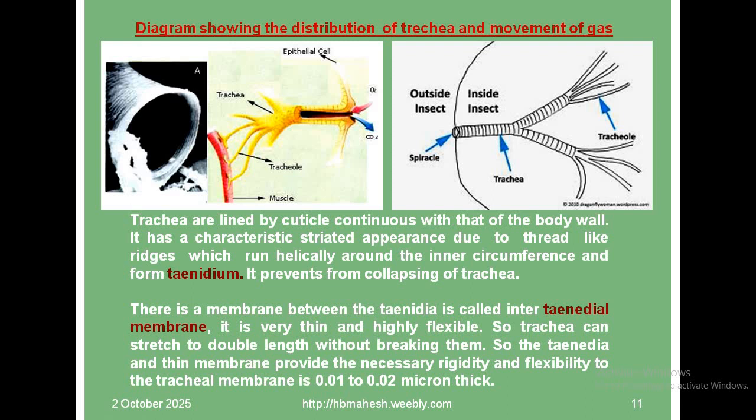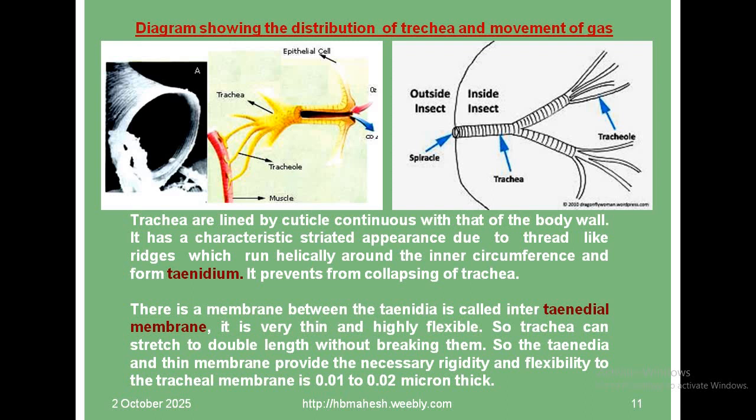The taenidium prevents the collapsing of the trachea. If the air pressure increases, it may collapse. If there is no air in the tracheal system, again the tracheal system may collapse. But the presence of the taenidium prevents the trachea from collapsing, whether pressure increases or decreases. Between the taenidia there is a membrane called the intertaenidial membrane.